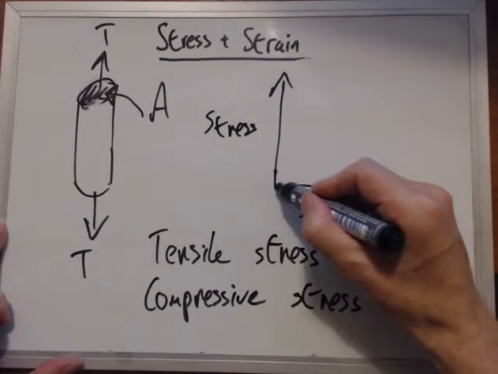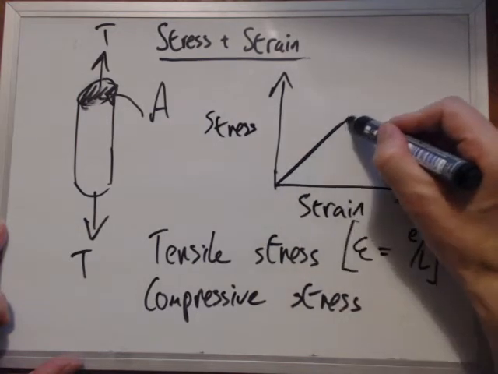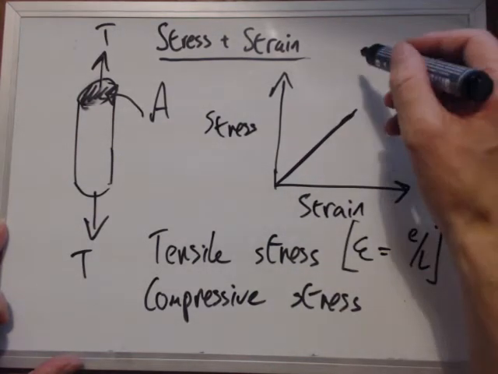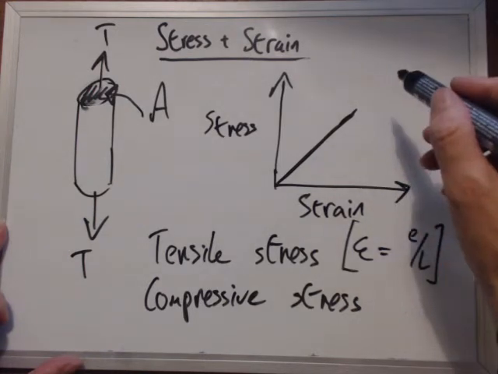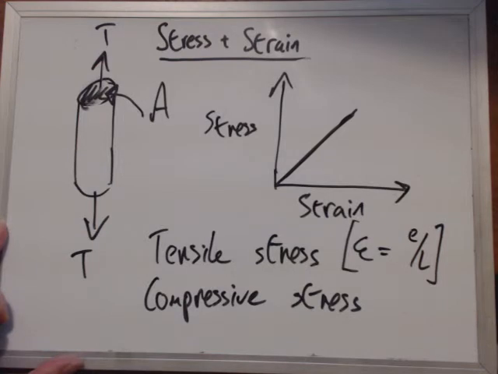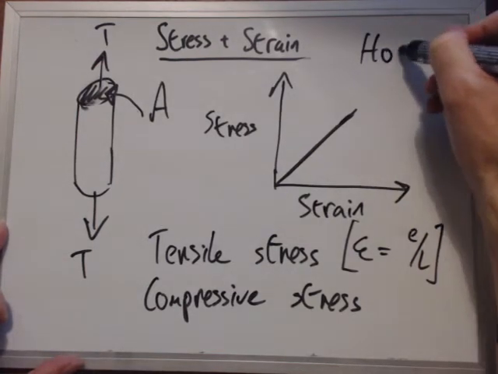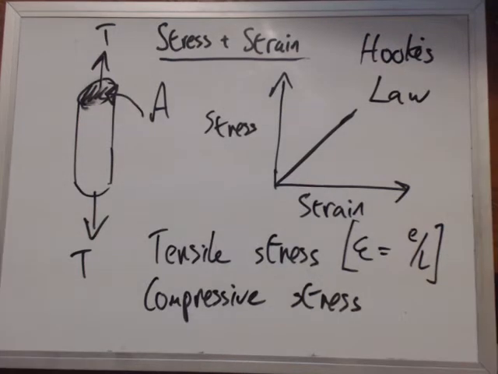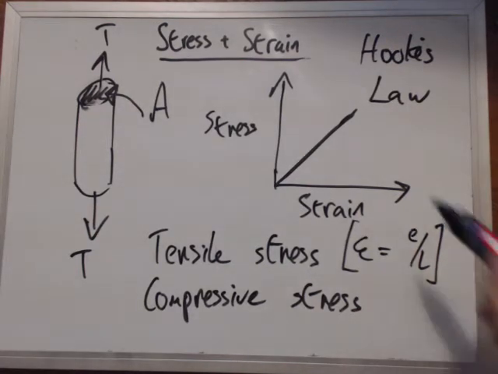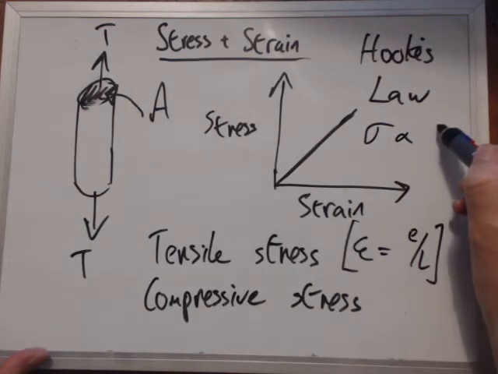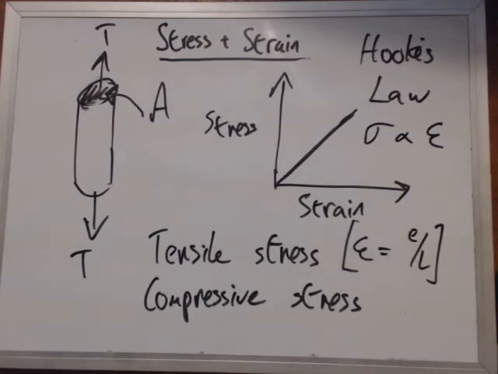And also within the limit of proportionality here, Hooke's law says that stress is proportional to strain. So this is Hooke's law again. Therefore, we can write that as stress is proportional to strain within the elastic limit.